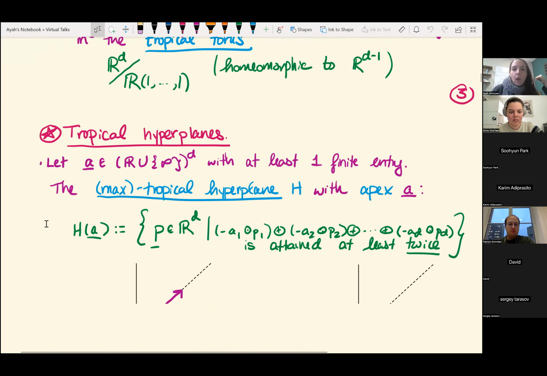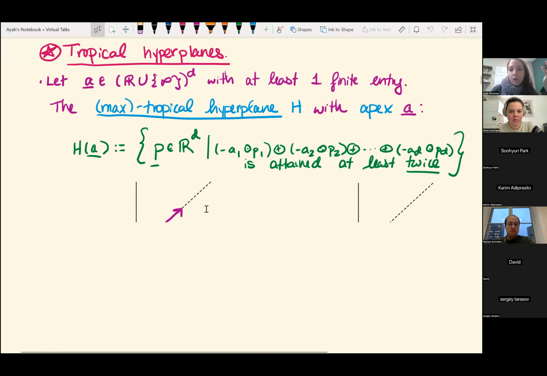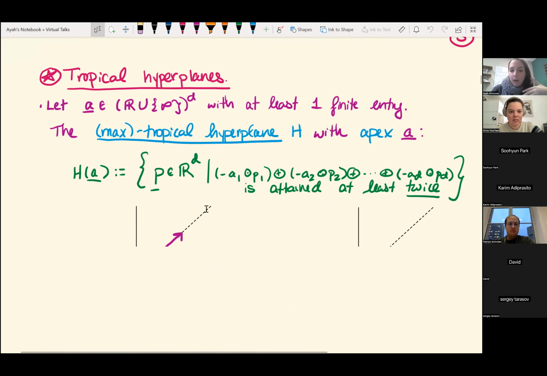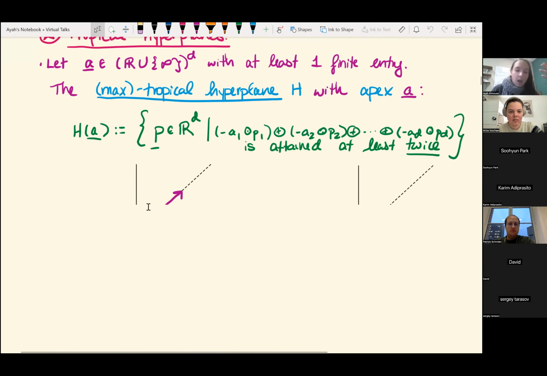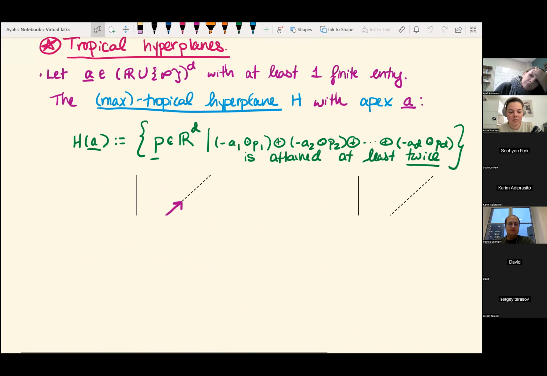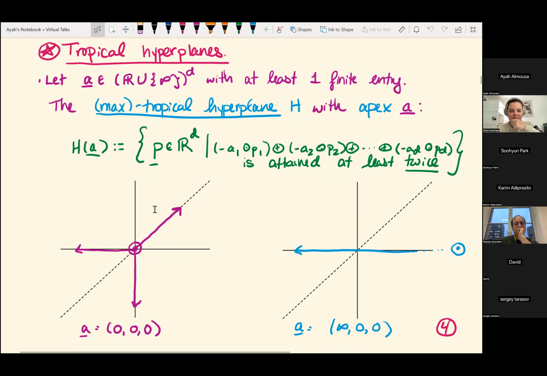The only tropical curves that I'm really going to be talking about in this talk are tropical planes. Many of you are probably familiar with tropical hyperplanes that look like this. I specify an apex, and to define the tropical curve, you look for the places where the max is attained twice.